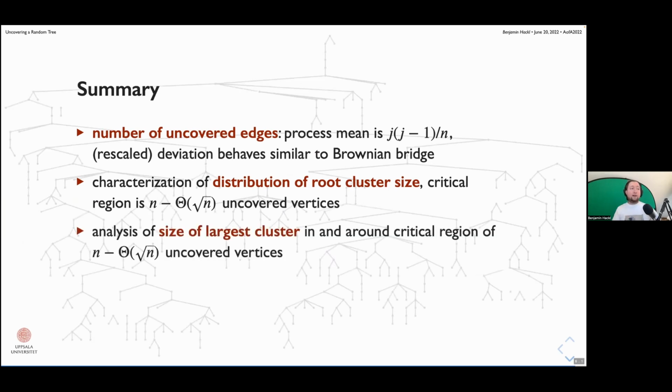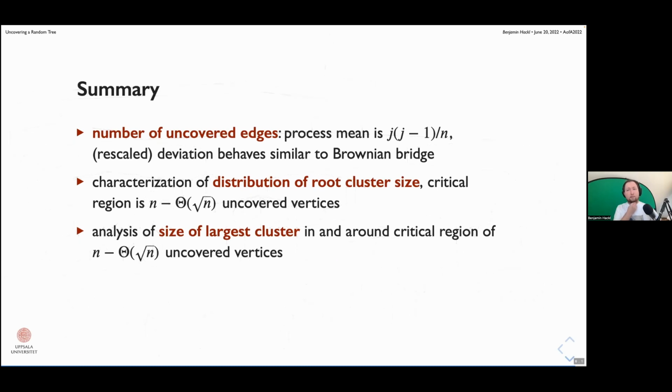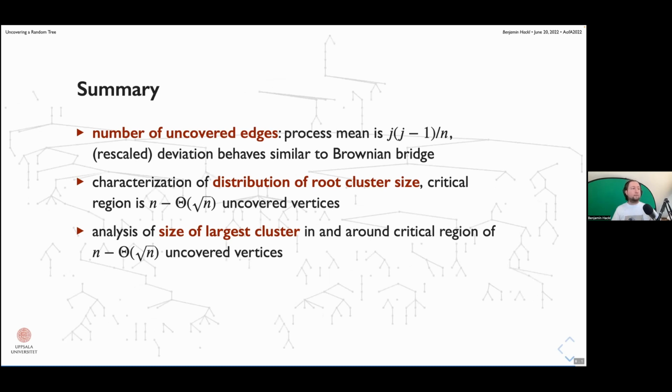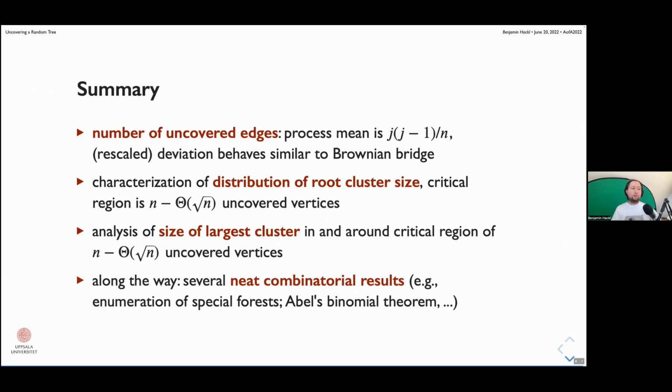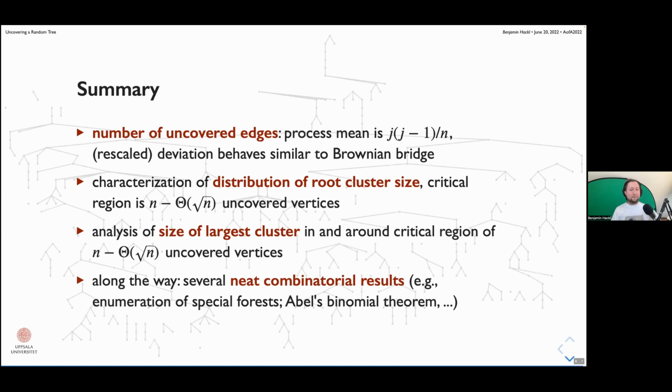For the size of the largest cluster, we also have some results, in particular around this critical region where we are around root n vertices away from uncovering everything. And finally, on the way, we've met neat combinatorial results. One I've mentioned with the enumeration of the special forests, and the other one I've skipped because, well, I'm talking too slow apparently. Thank you very much.